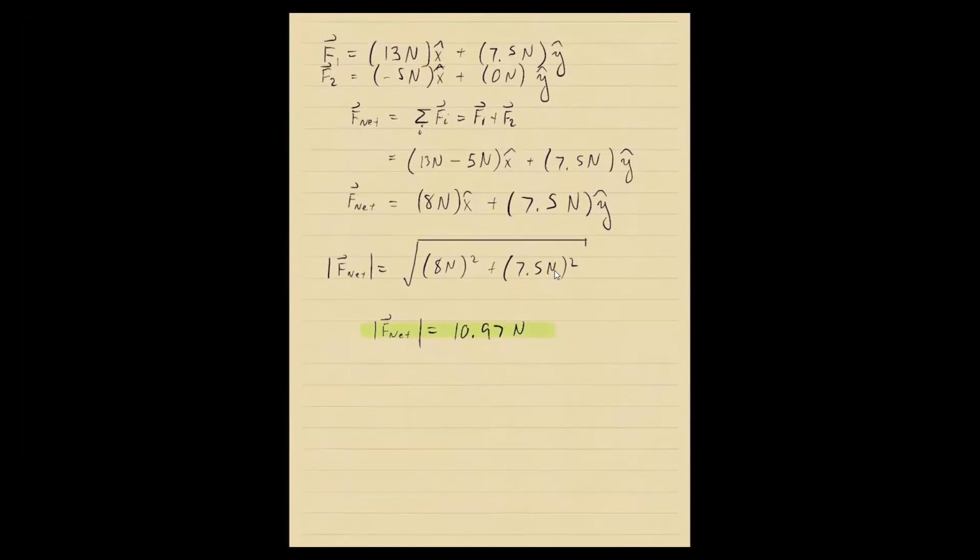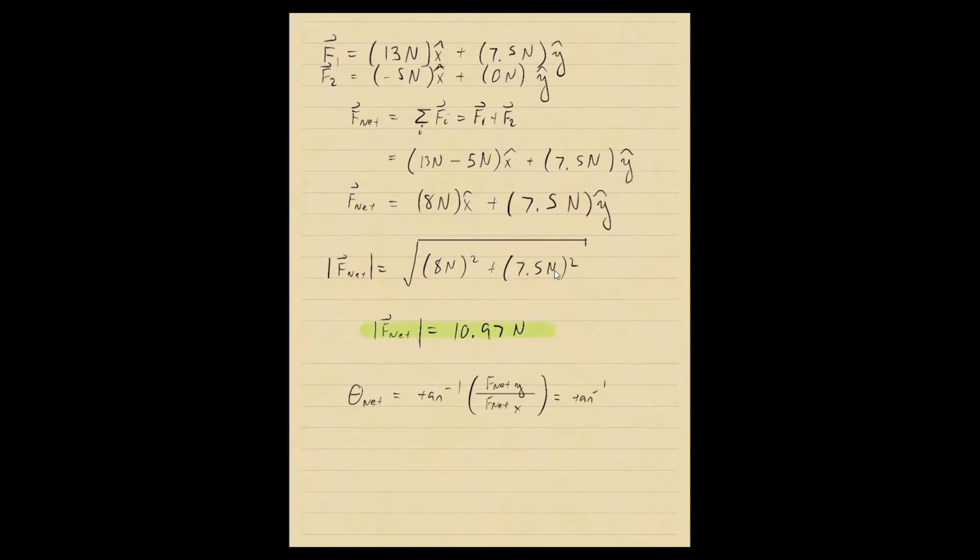And so we can figure out the direction the thing is pointing in, because theta for the net force is going to be tangent inverse of the y component of our net force divided by the x component for our net force.